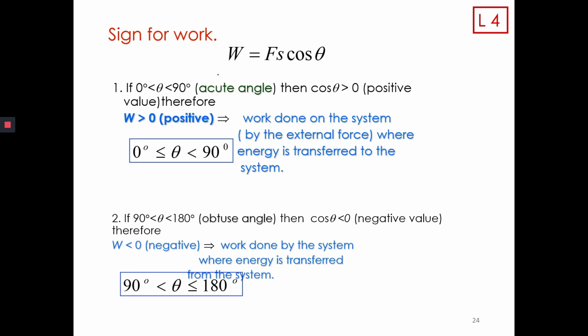Sign for work W: it can be either a positive or a negative value. What does positive work mean? When your work is more than 0, so it is positive, that means the work is done on the system by an external force, where energy is transferred to the system.